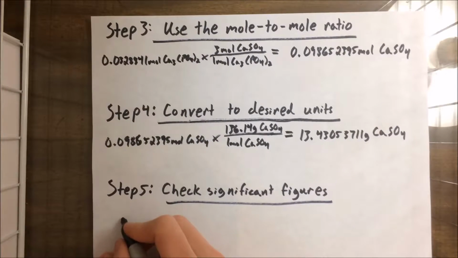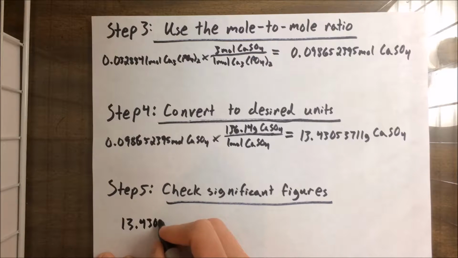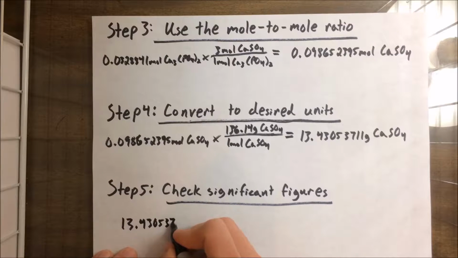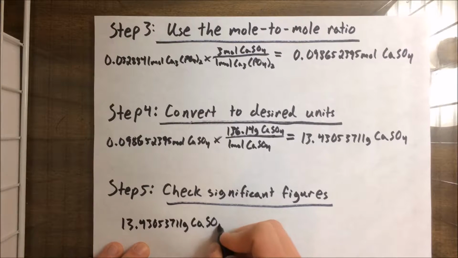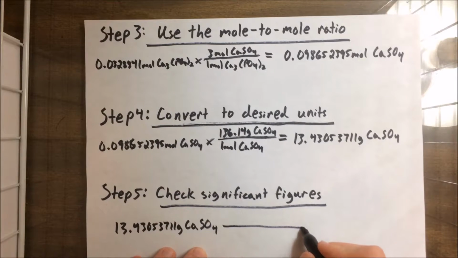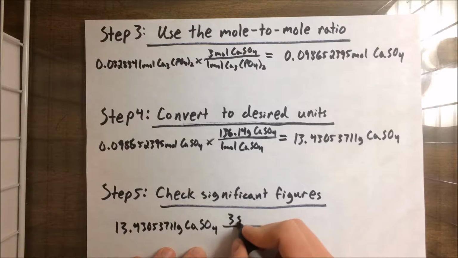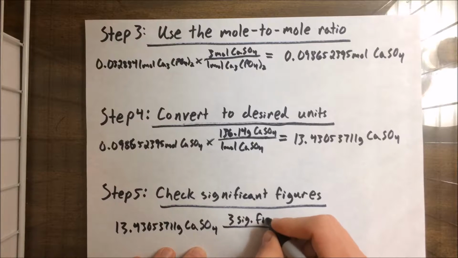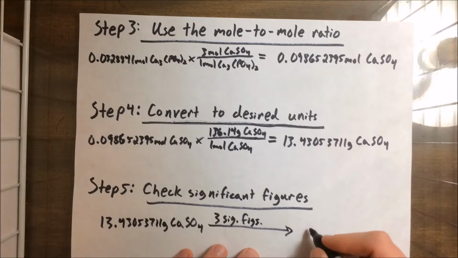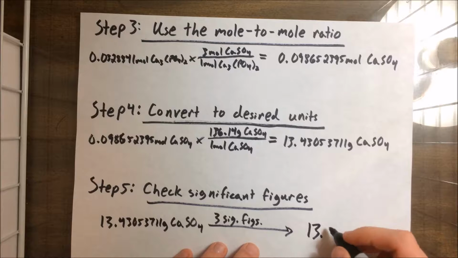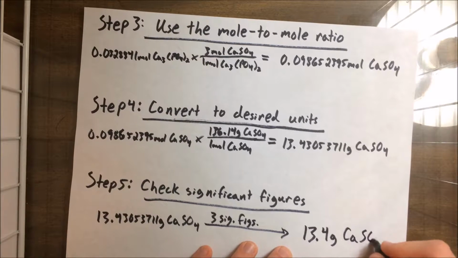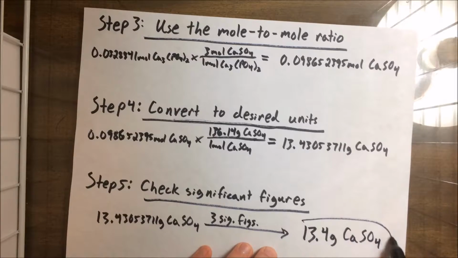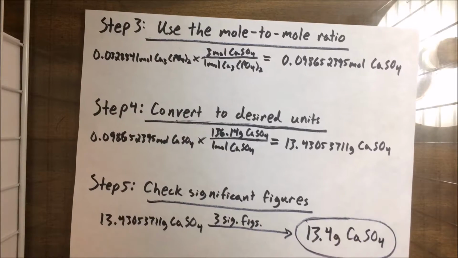We're going to take 13.43053711 grams of calcium sulfite, and since the problem started with 3 significant figures, we have to end with 3. So the final answer would be 13.4 grams of calcium sulfite. That's your final answer for part A.